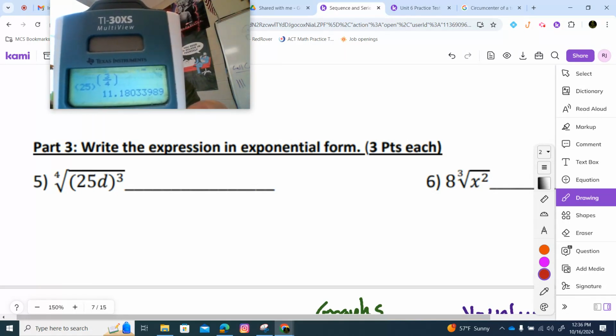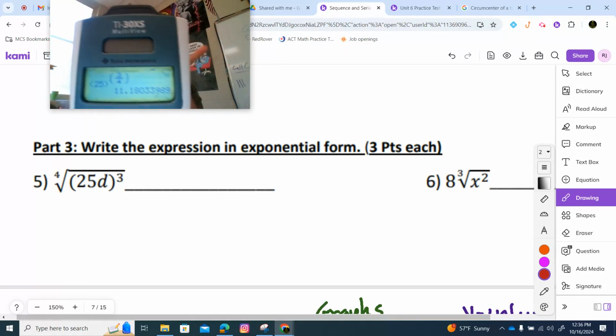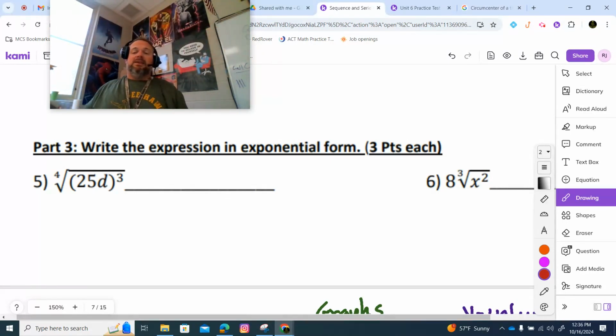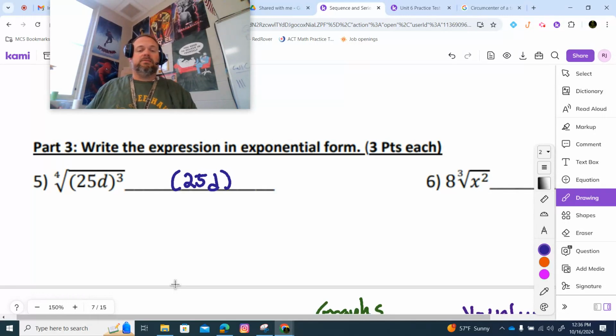So guess what? I don't have to worry about simplifying that. So all of this is together. No, not really. All right. And it does matter if it's in parentheses or not. Parentheses matter.